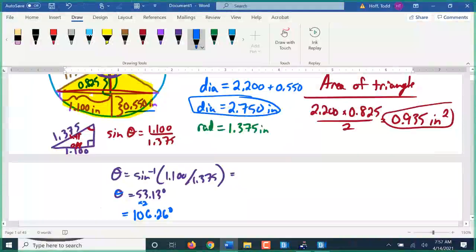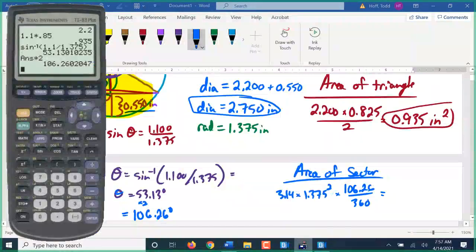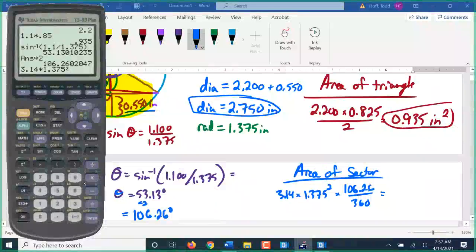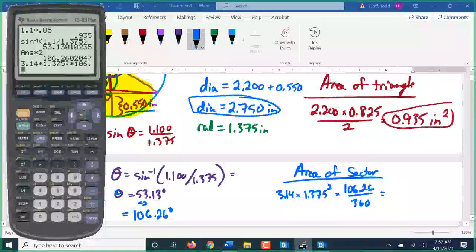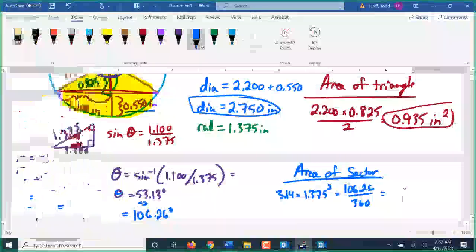Now how do I find the area of the sector? Pi, 3.14 times 1.375 squared times 106.26 divided by 360. Gives us 1.752.